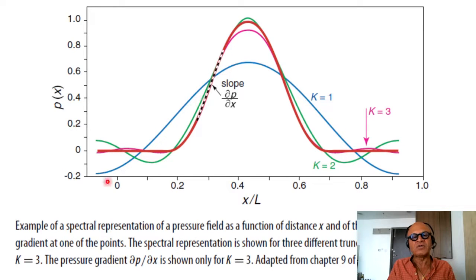K equal to 1 with x over L in this space allows one maximum, whereas k equal to 2 allows a minimum, maximum, minimum, and for k equal to 3, dp dx is shown here. These are the p's and this is dp dx. So you can see that the accuracy of dp dx is quite good when you have k equal to 3.